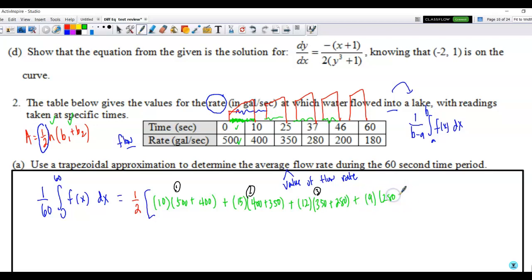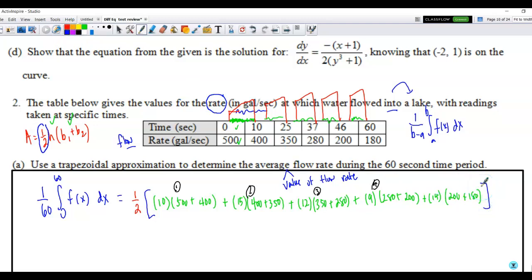Base of 280 plus 200. Trapezoid number 4. And then the last trapezoid will have a span or a height of 46 to 60. That'll give me 14, with a base 1 of 200 and a base 2 of 180. Right, so that is my trapezoidal approximation.